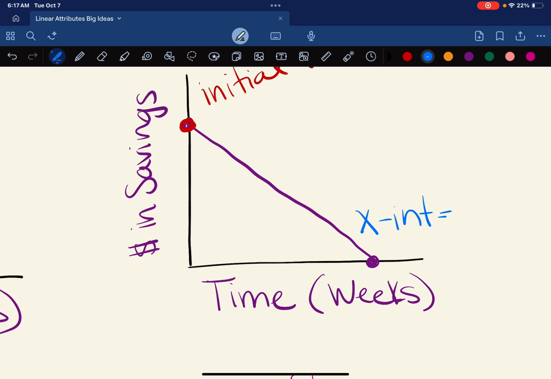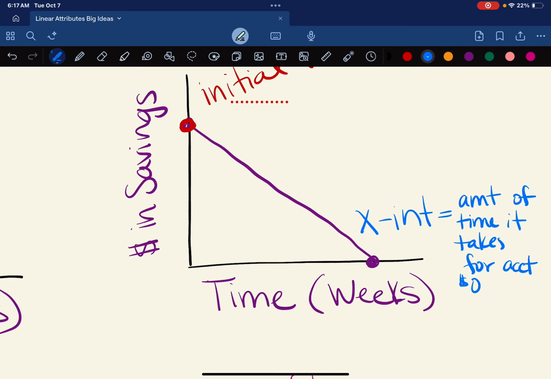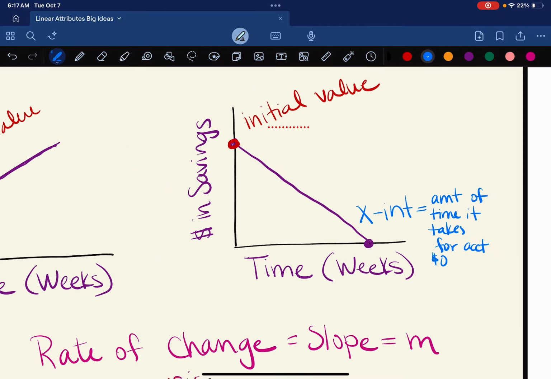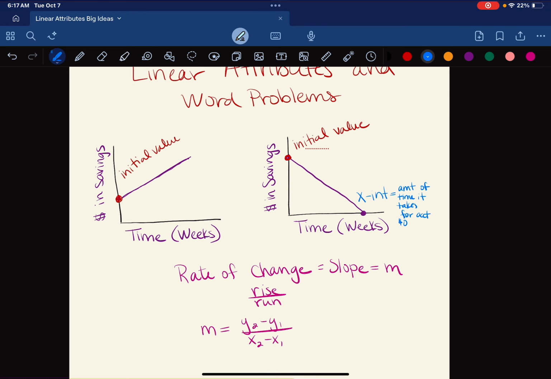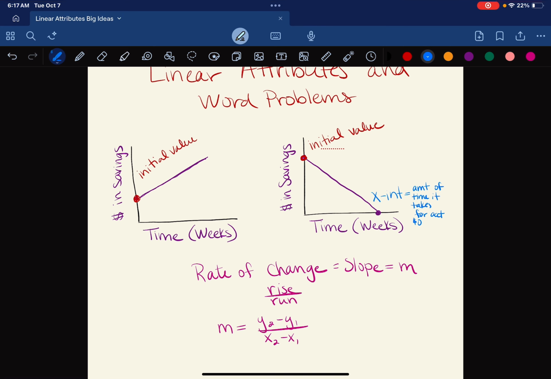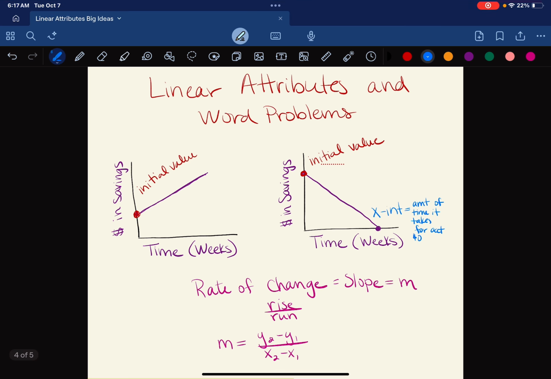This is the amount of time it takes for our account to have $0 in it, okay? That's the amount of time it takes in weeks for our account to have $0 in it. So I just wanted to show you guys some examples of what our graphs could look like when we're talking about word problems. So let's move on and look at actual word problems, okay?